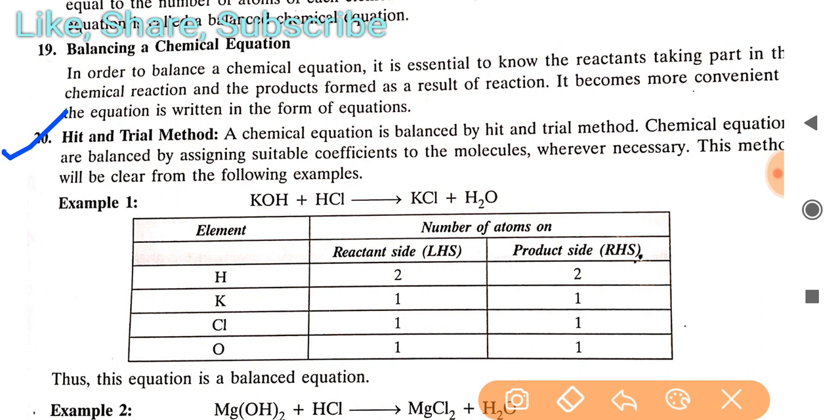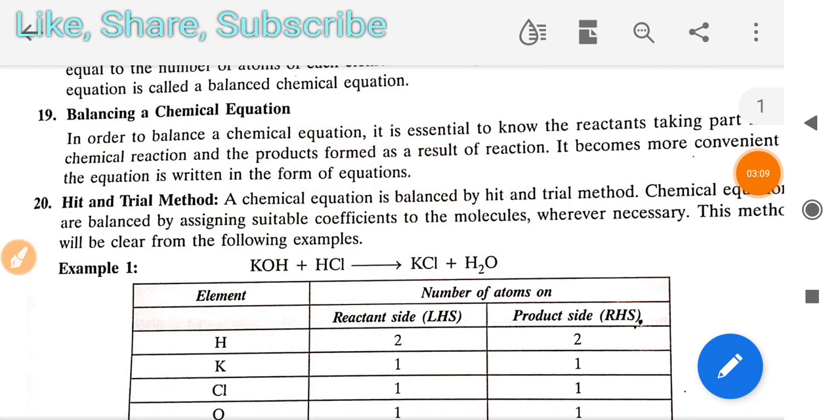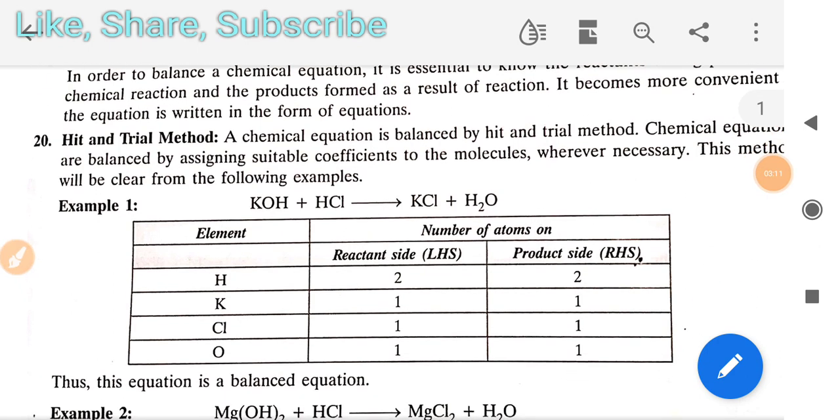You can see one example here, KOH plus HCl, which forms KCl plus H2O. In this first example, you have to write the element, then the number of atoms. For hydrogen, on the reactant side, the left hand side, you count 1, 2, so you write 2.